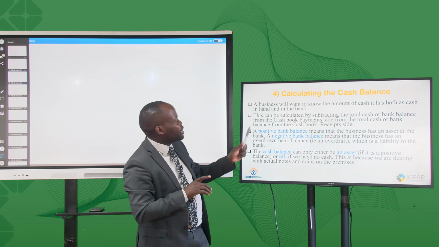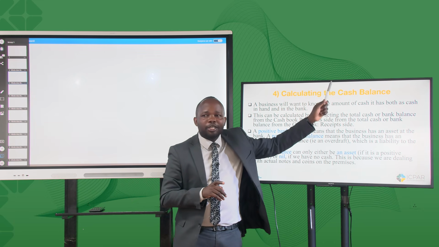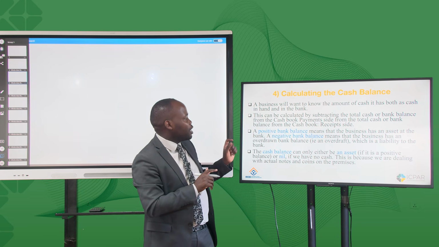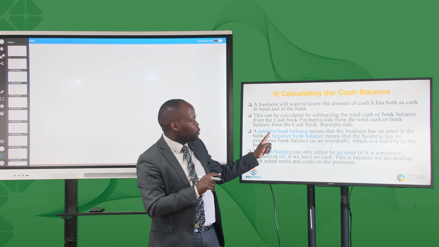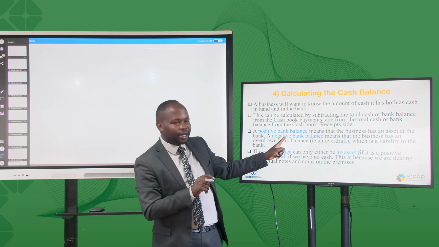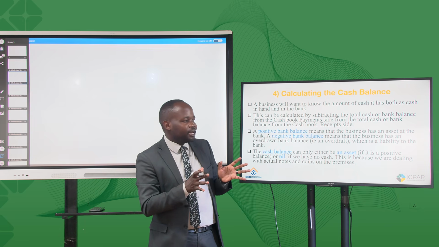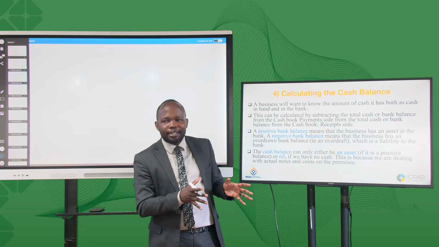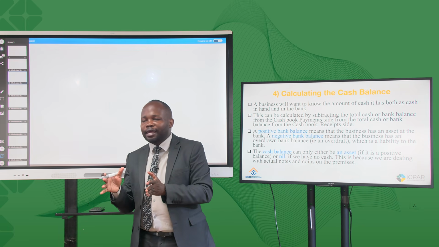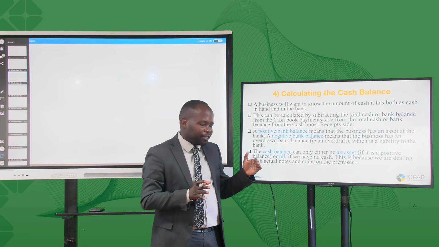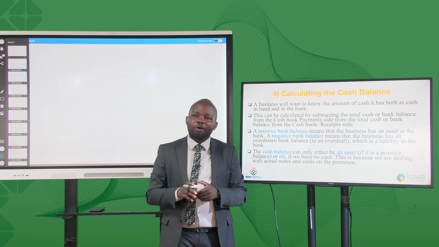This 200,000 is what is called the cash balance. So in that case, the balance can either be positive or it can be negative. When is it positive? When the total on the debit side is more than the total on the credit side. When is it negative? When the total on the credit side is more than the total on the debit side.